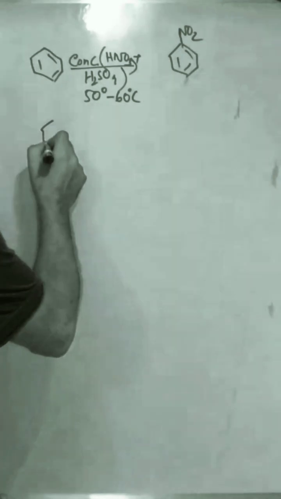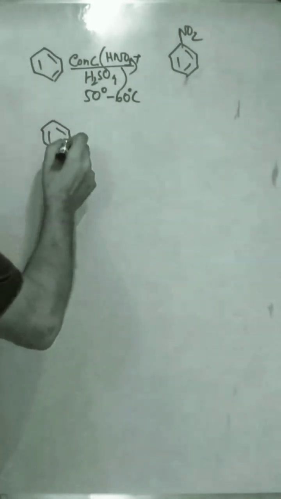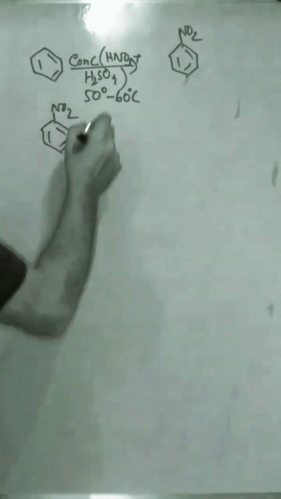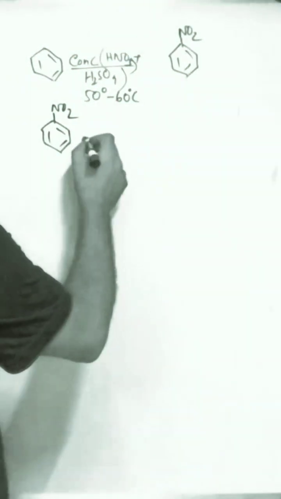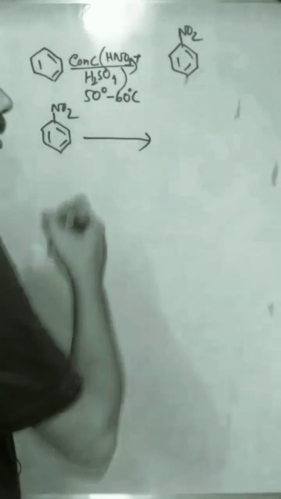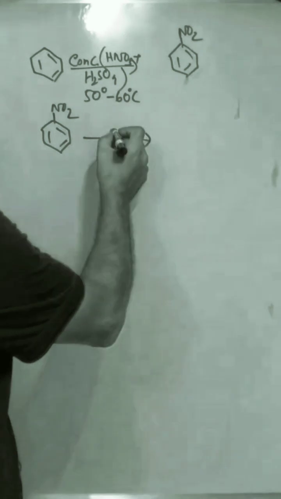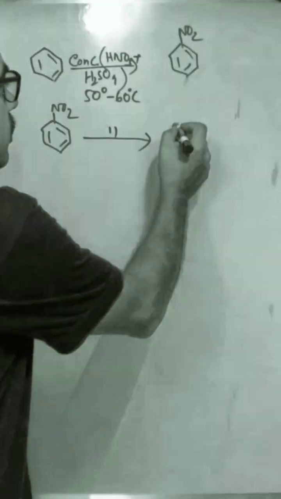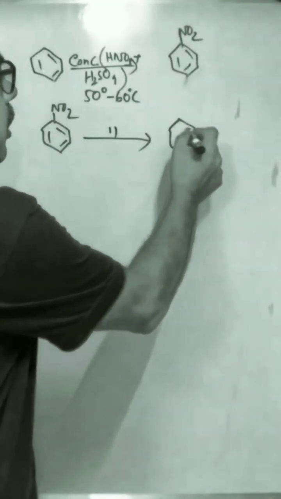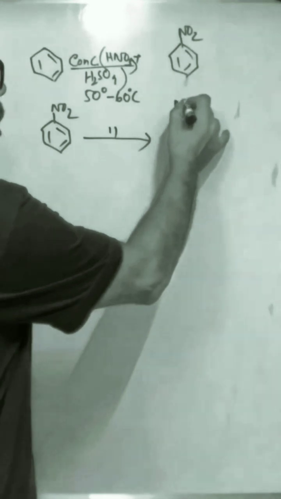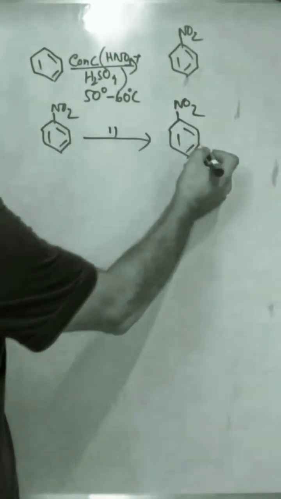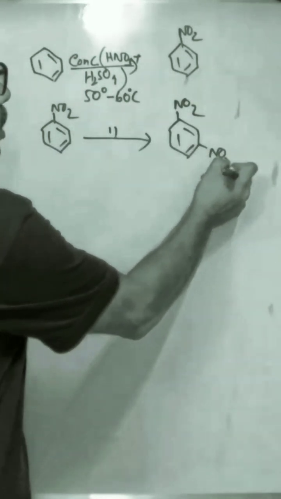When you do the same reaction on nitrobenzene, that is, the starting material is nitrobenzene and we are nitrating it further with a mixture of concentrated nitric acid and sulfuric acid at 50 to 60 degrees centigrade, the product is meta dinitrobenzene. The next NO2 comes at the meta position with respect to the initial one.